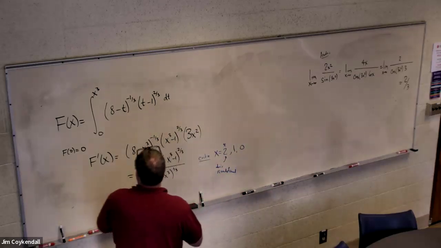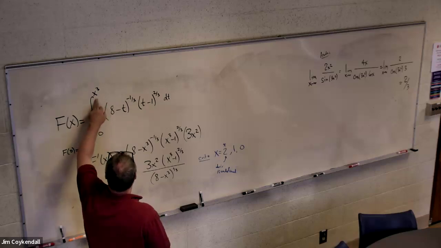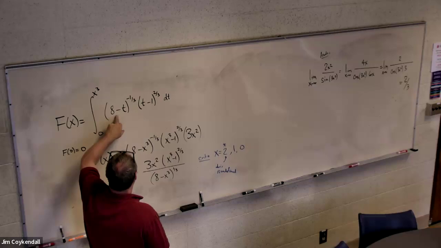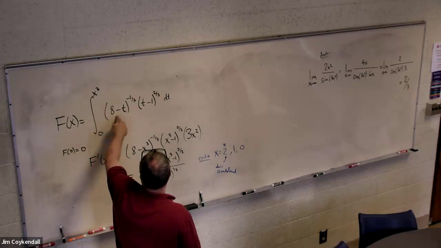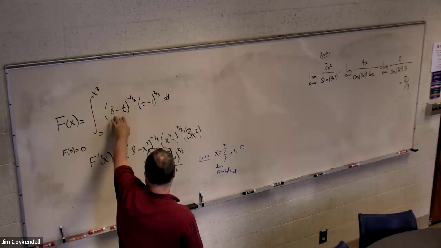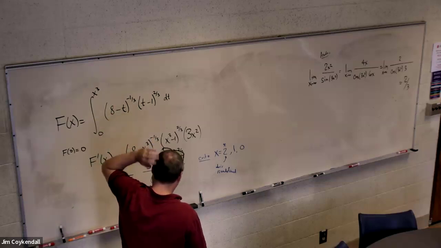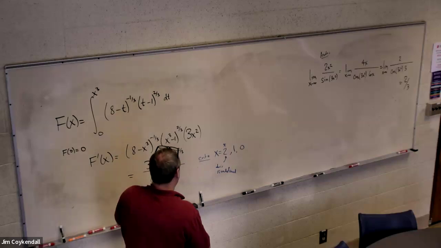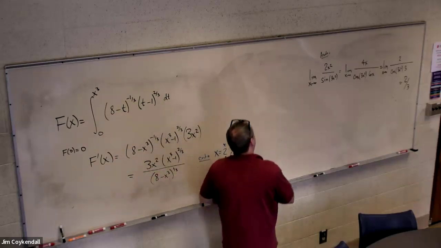Now, actually, I don't even know if this function is defined at 2, because that integral here, well, actually, the way we define it, it's not continuous on that interval. It's not even defined. It's got a vertical asymptote. But we should be able to tell the behavior getting near.